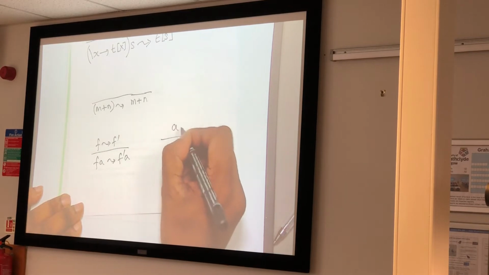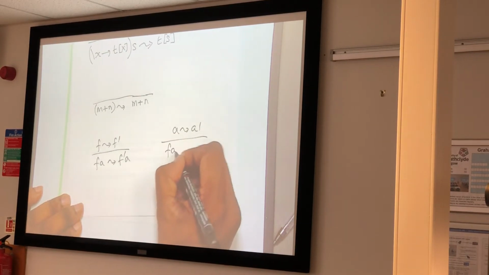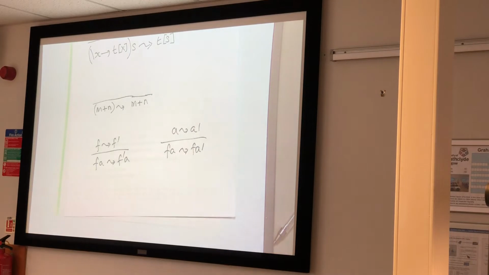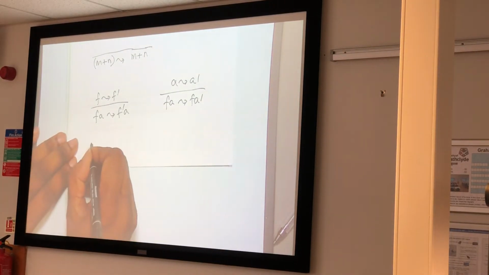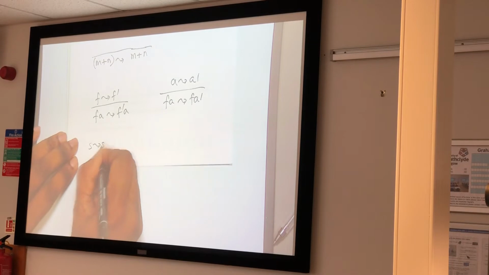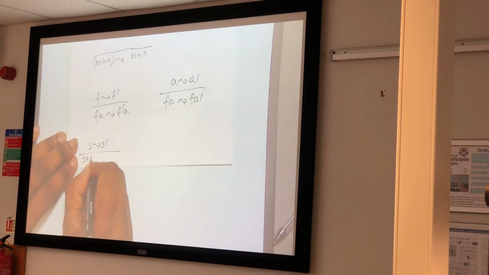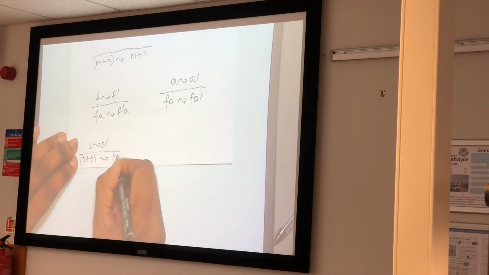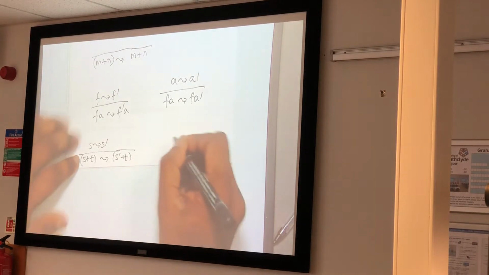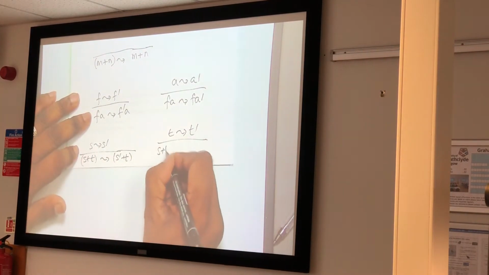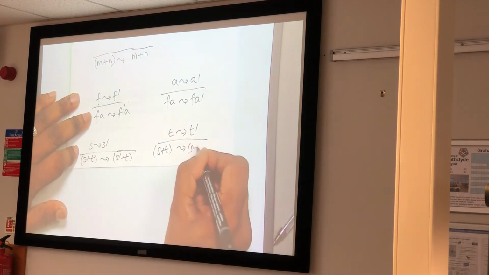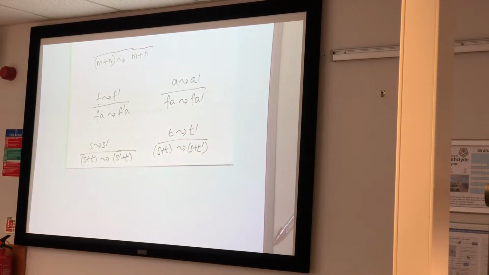Similarly, if a reduces to a prime, then f of a reduces to f of a prime. And if S reduces to S prime, then S plus T reduces to S prime plus T. If T reduces to T prime, then guess what? S plus T reduces to S plus T prime. I think I've got them all.